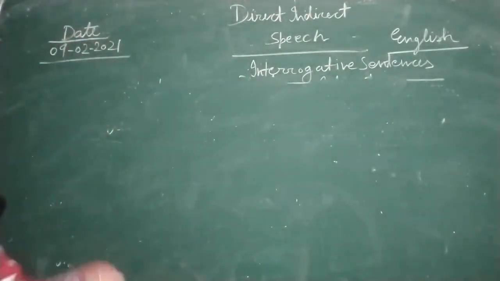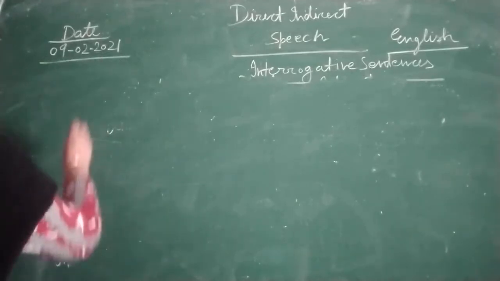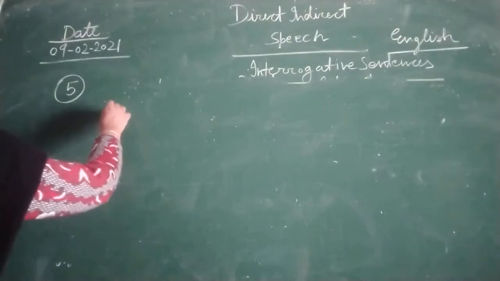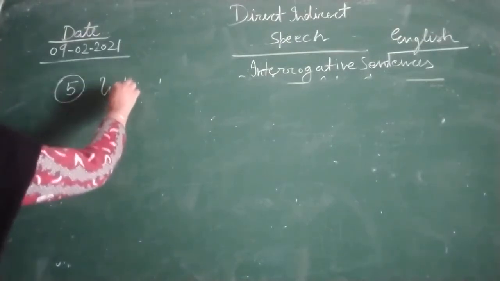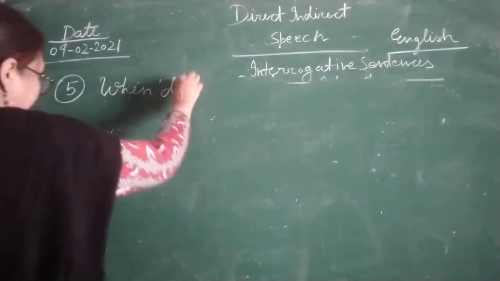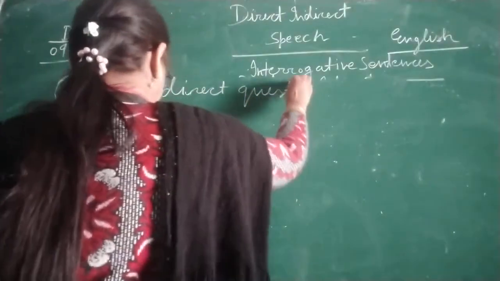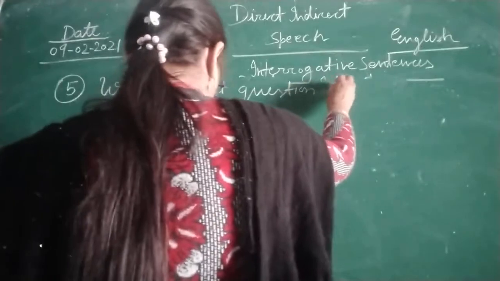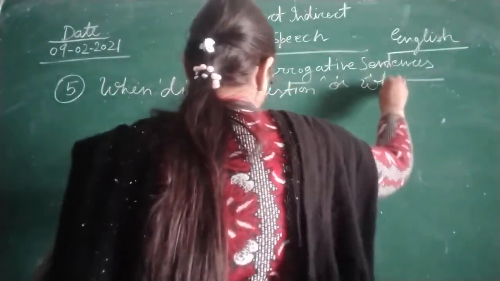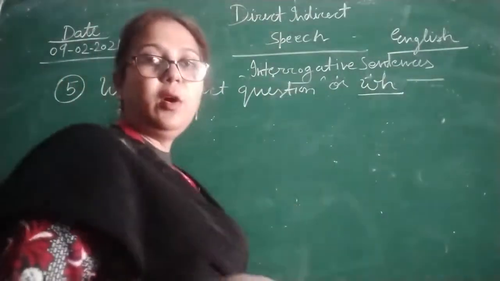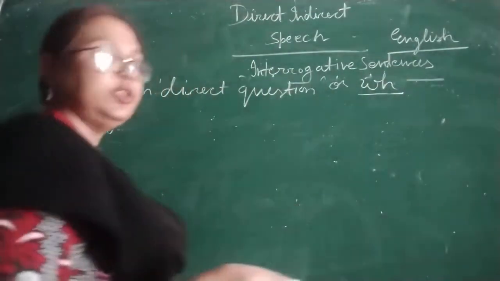Okay children, now our fifth rule is: when a direct question begins with a WH word, it means where, when, what, these types of questions.